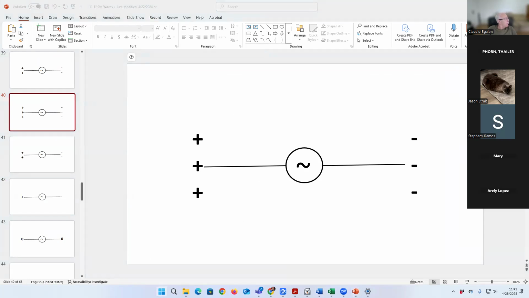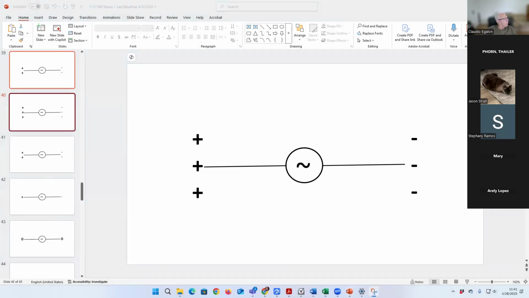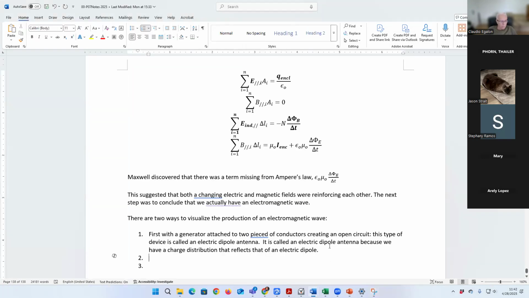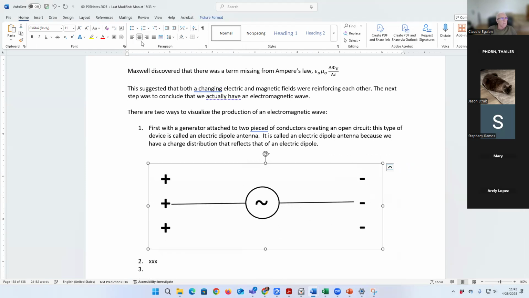Copy and paste. Okay, here you go. Here's my electric dipole antenna, right?